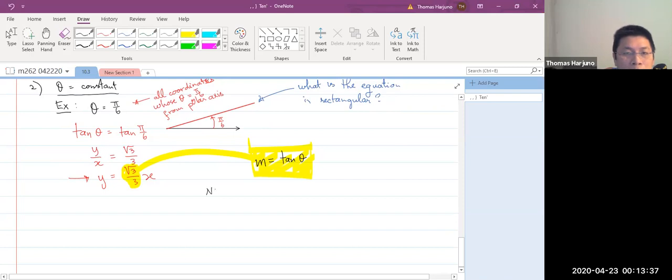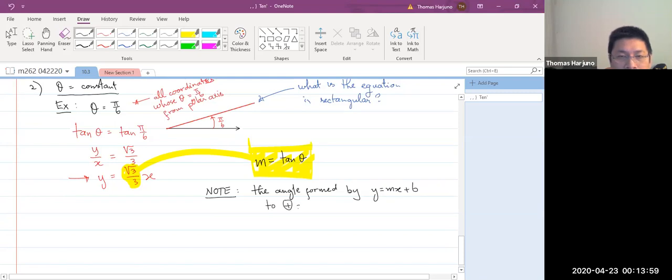Note: the angle formed by y equals to mx plus b to positive x-axis is theta equals to tangent inverse m.